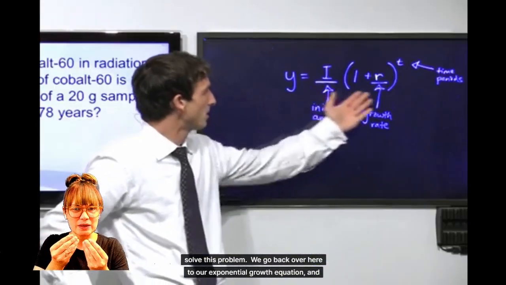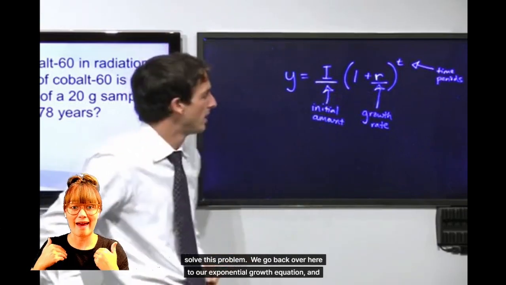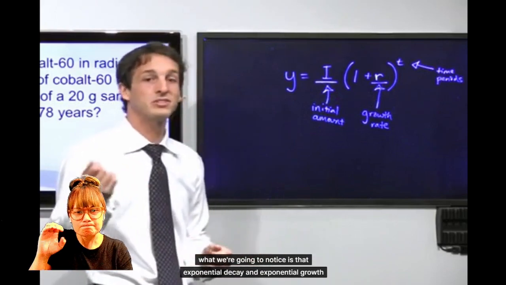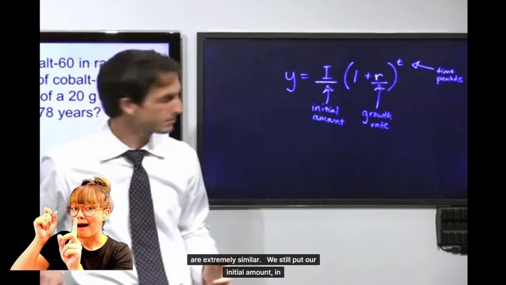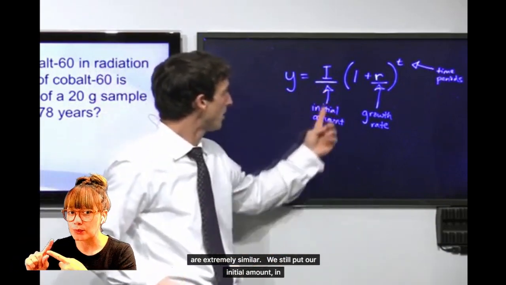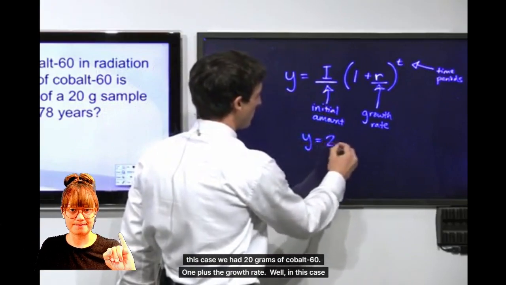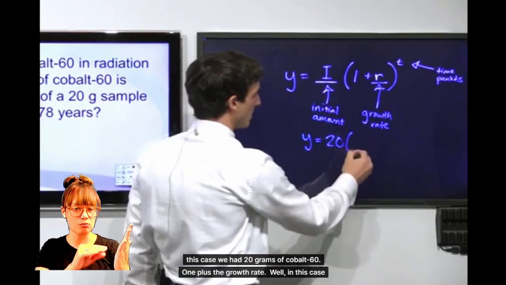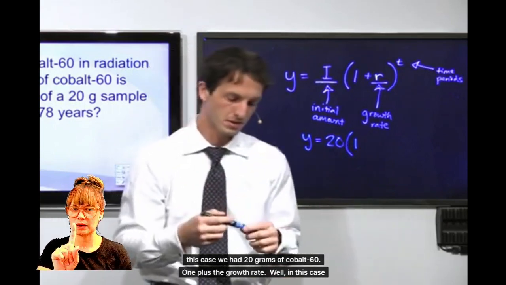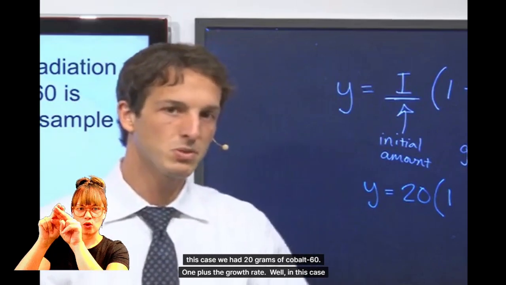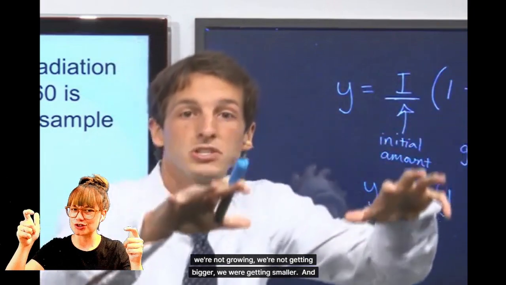We go back over here to our exponential growth equation, and what we're going to notice is that exponential decay and exponential growth are extremely similar. We still put our initial amount. So in this case, we had 20 grams of cobalt-60. 1 plus the growth rate. Well, in this case, we're not growing, we're getting smaller.